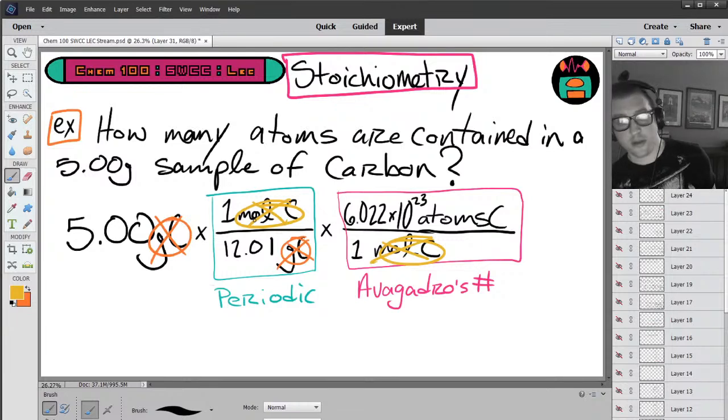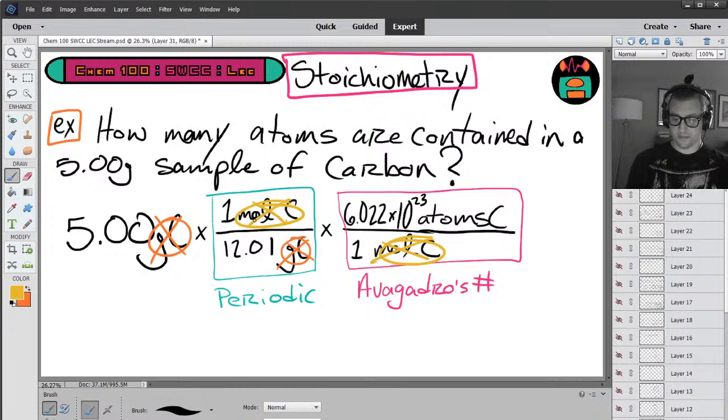And now we need a calculator to crunch some numbers. All right, so let's see. We have 5 divided by 12.01 times 6.022 times 10 to the 23rd.